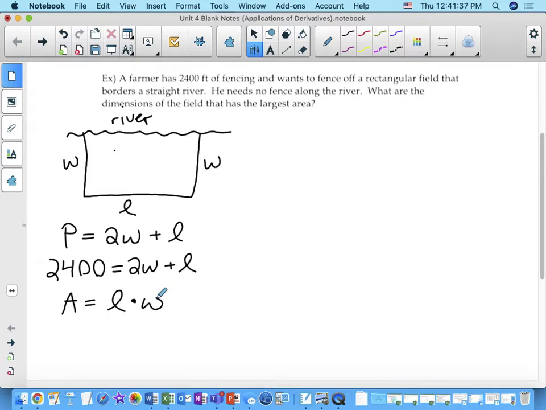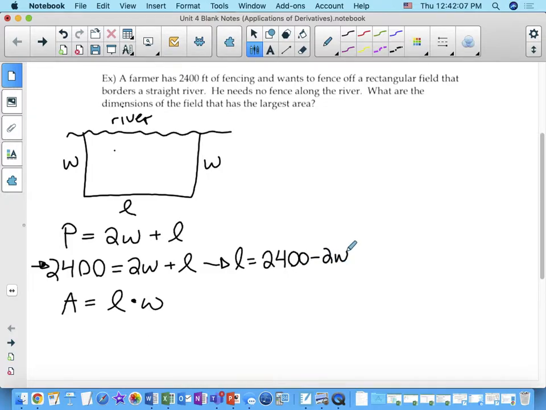So what we need to do is use this piece, which is kind of like a constraint, to reduce this area relationship down to 2 variables instead of 3. Okay? So I can maybe express length in terms of width. If I isolate length here, I can say length has to be equal to 2,400 minus 2w.